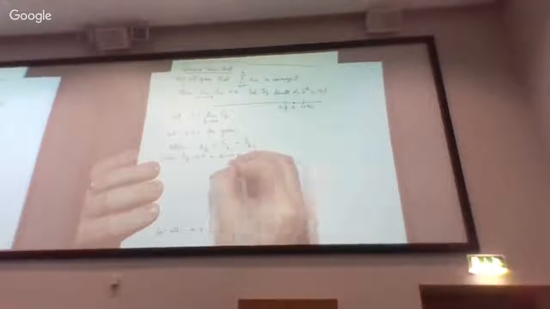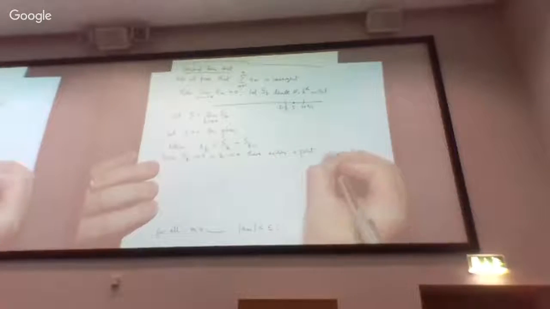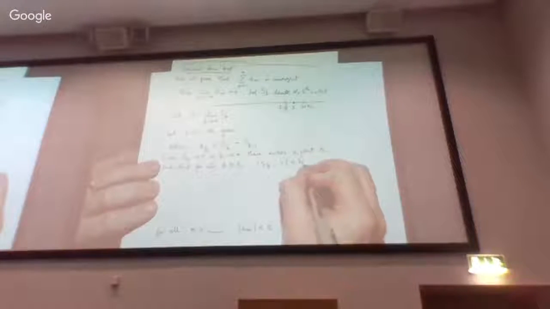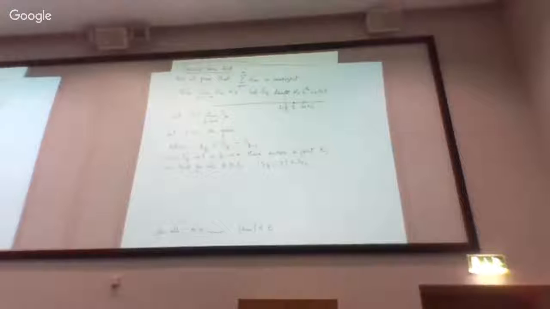So since Sk converges to S as k goes to infinity, there exists a point, capital K, I'll call it, such that for all values of the index little k bigger than capital K, the absolute value of Sk minus the limit S is less than epsilon over 2. Okay, that's true.